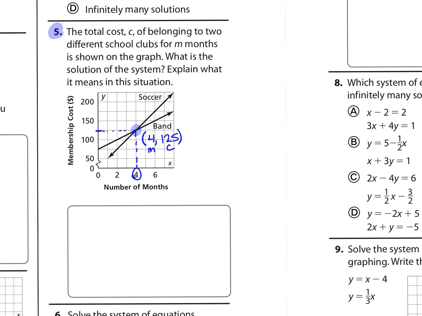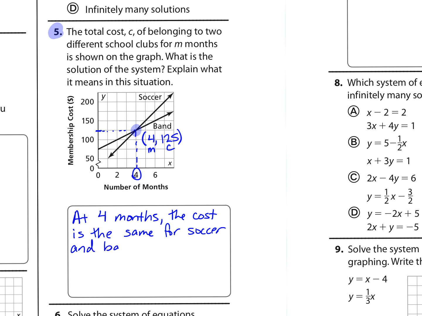And so what this means is that at 4 months, the cost is the same for soccer and band at $125.